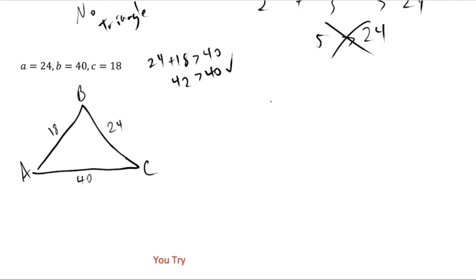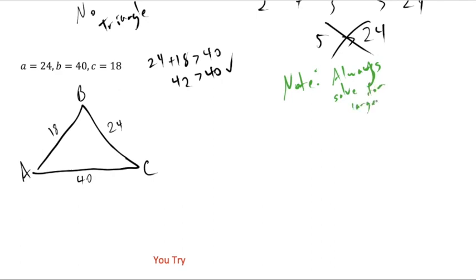Here is a note for solving side, side, side: always solve for the obtuse angle, or what would potentially be the largest angle. So always solve for the largest angle first.